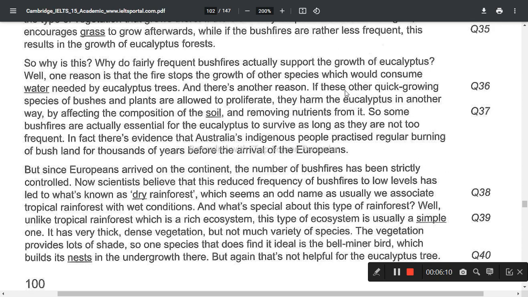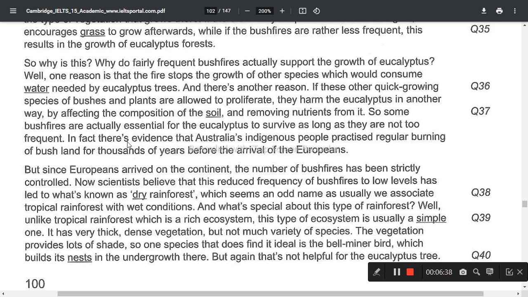If these other quick growing species of bushes and plants are allowed to proliferate, they harm the eucalyptus in another way by affecting the composition of the soil and removing nutrients from it. So some bushfires are actually essential for the eucalyptus to survive, as long as they are not too frequent.